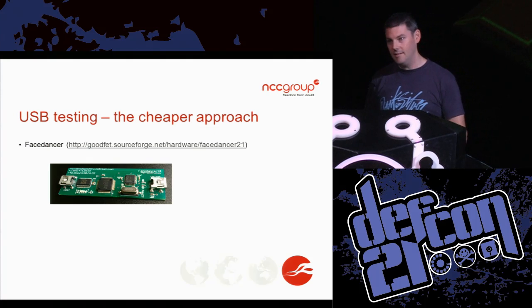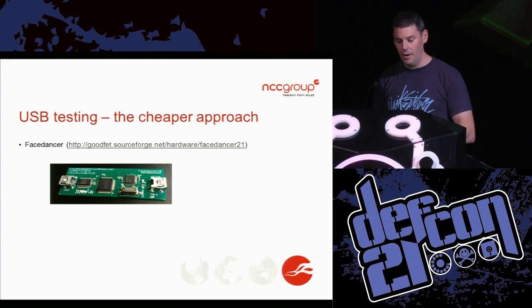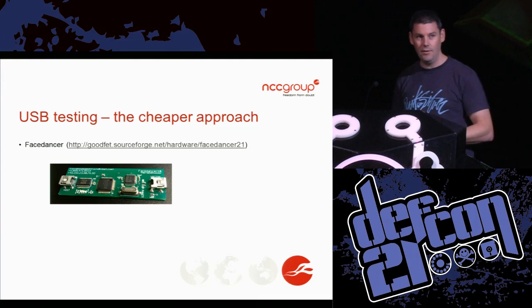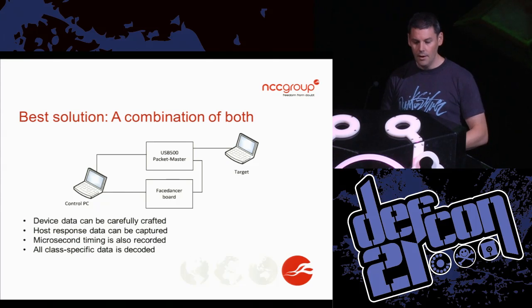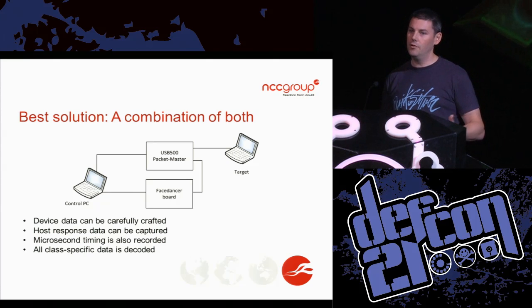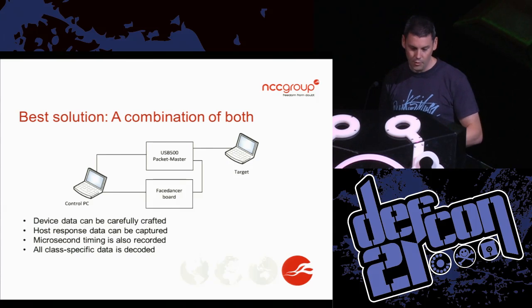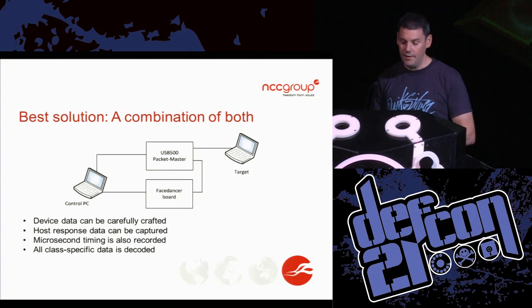This is a fantastic solution developed by Travis Goodspeed. It is awesome. If you haven't played with it, get hold of one and have a go. They're great. Absolutely fantastic. The ultimate solution, in order to do everything that I'm talking about, is to use both. So basically you're generating the traffic using the Facedancer board because you've got absolute full control over the device that you're emulating, so you can send any packets you like.